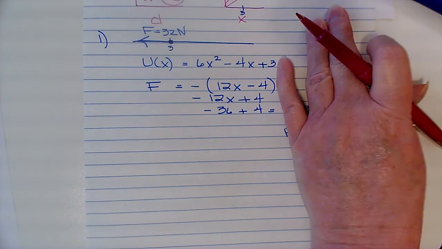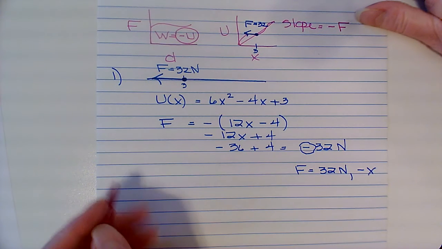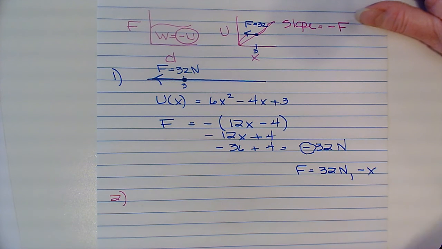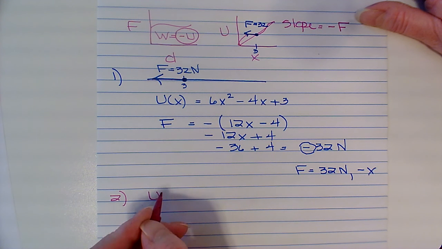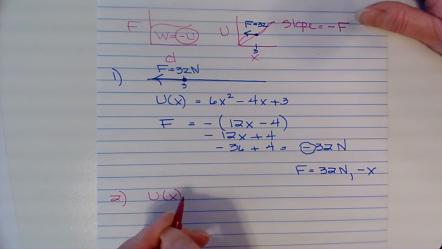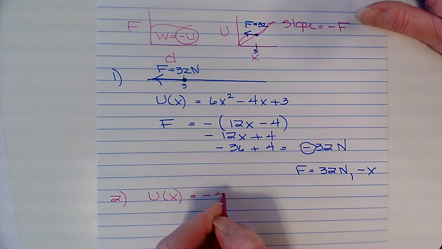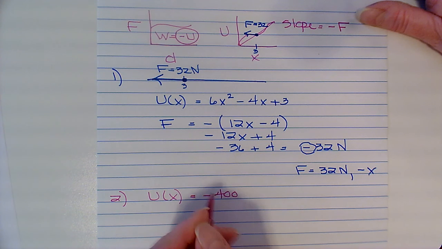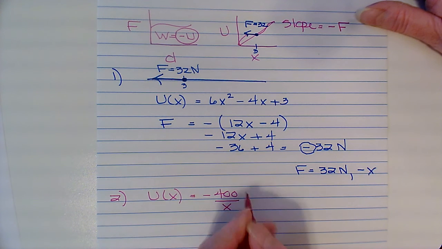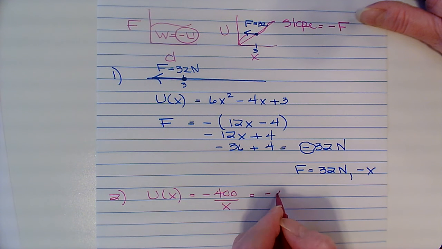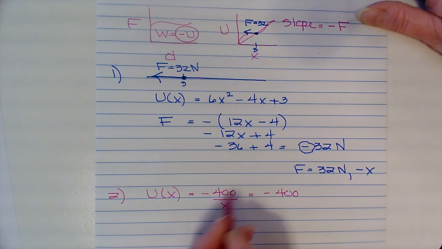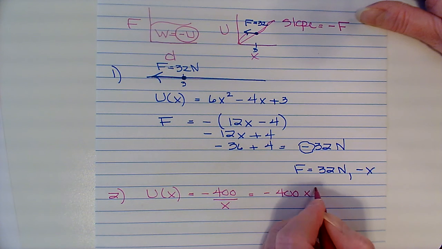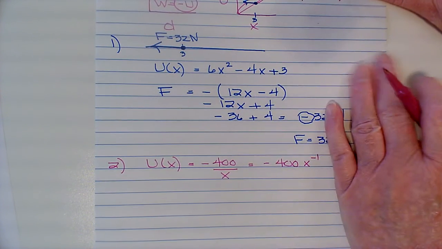So number 2 says the potential energy as a function of the position x is given by, so I'm going to write that down. So negative 40 over x. So sometimes it's helpful to write that as x to the negative 1.